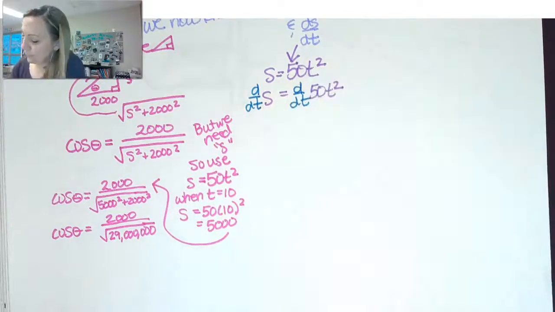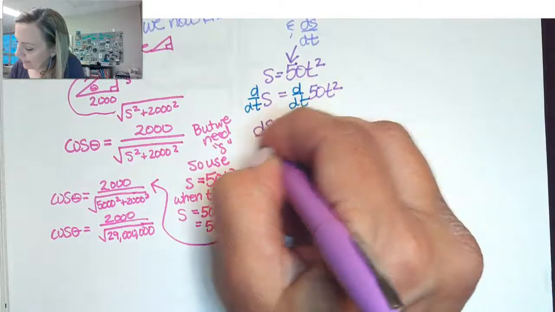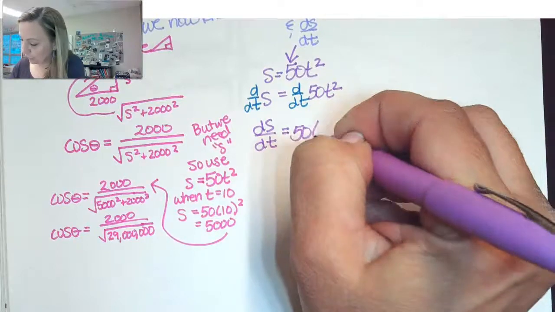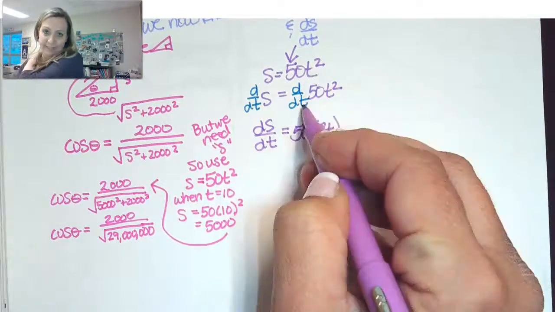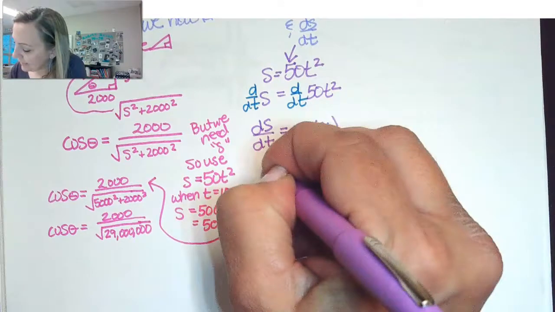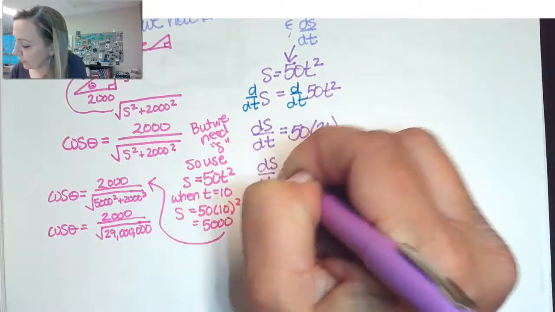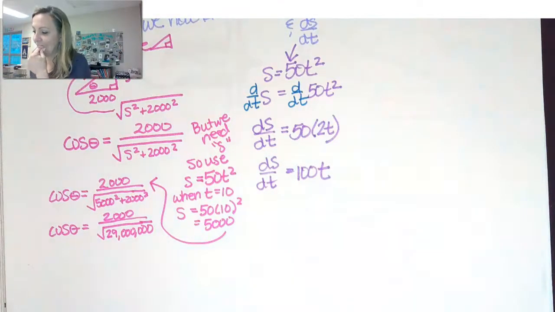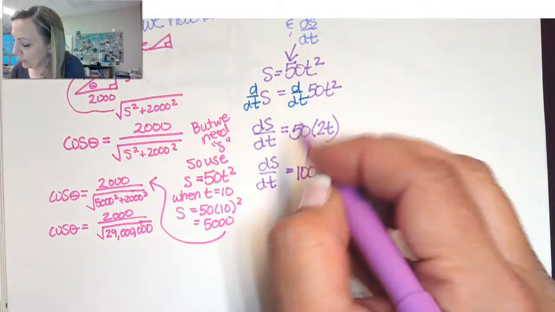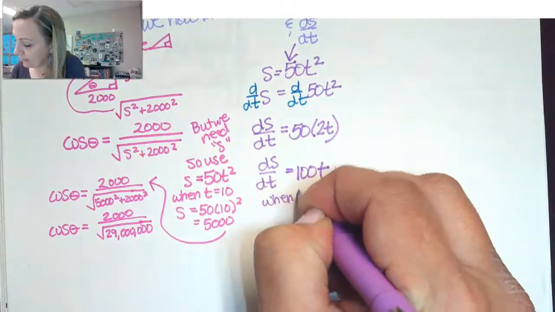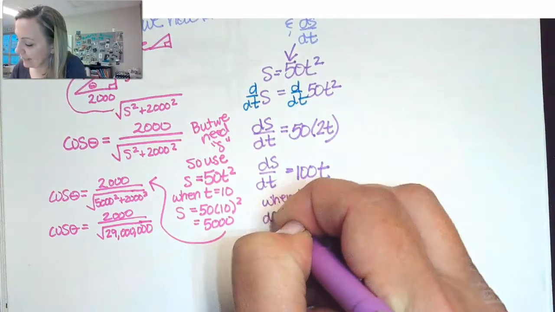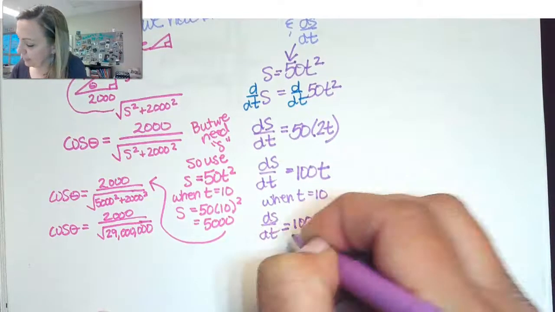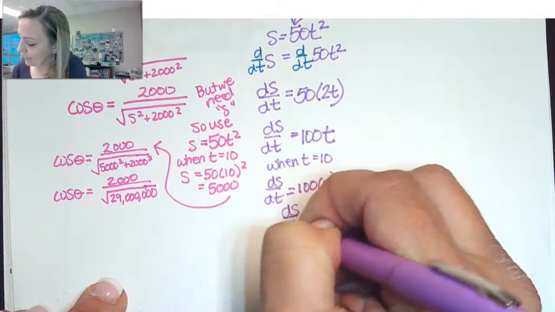If I differentiate this with respect to t, I get ds dt equals 50 times 2t. Oh, good, they match. We have the same variable. So that means that ds dt is 100t. Now, when t equals 10, that means ds dt is going to be 100 times 10. So ds dt is 1,000.